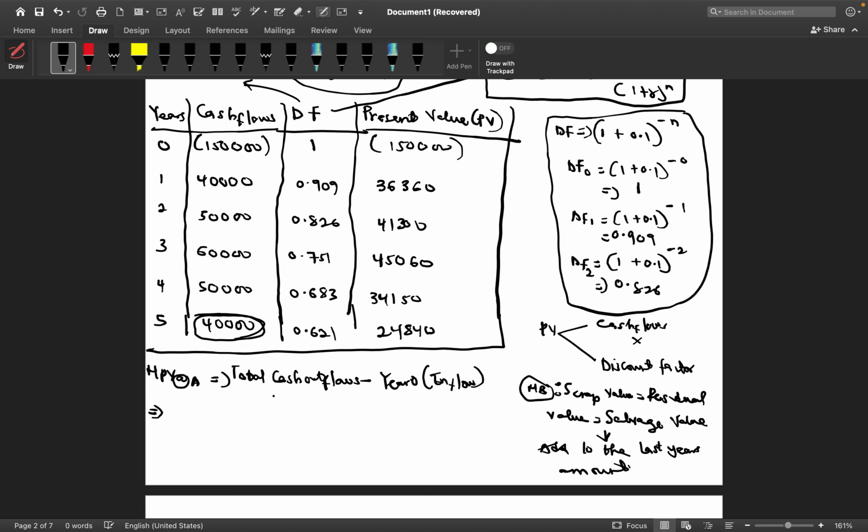With the total cash inflows, you add from year 1 to the last year. You add all together. So the total is 181,710 minus year 0, which is the initial investment, 150,000.